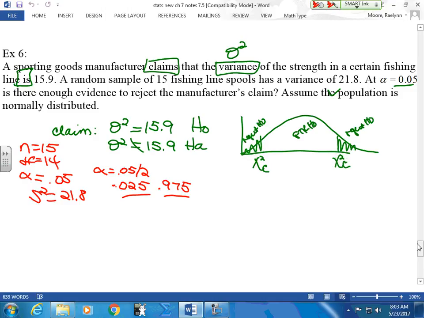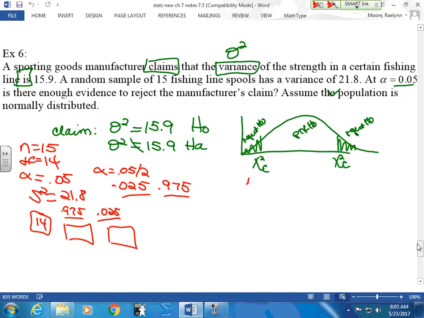So on your table 6, degrees of freedom 14, go look for 0.975 and 0.025, and come down. You'll get 2 numbers. The smaller number goes to the left, the larger number goes to the right. None of these is negative.